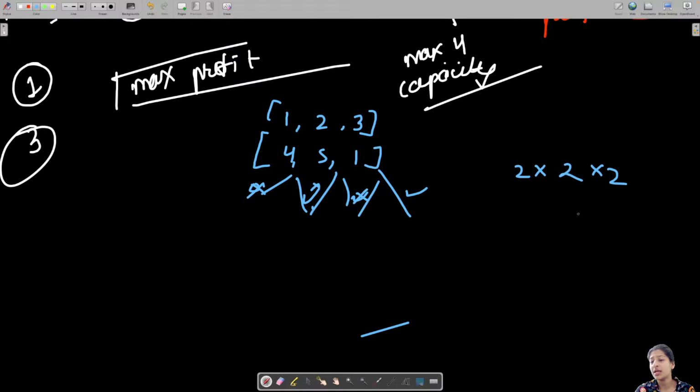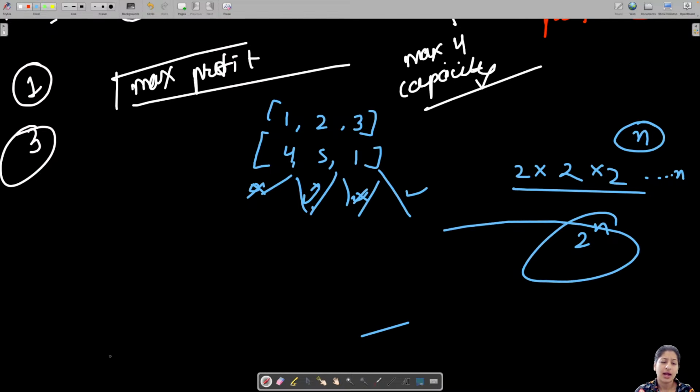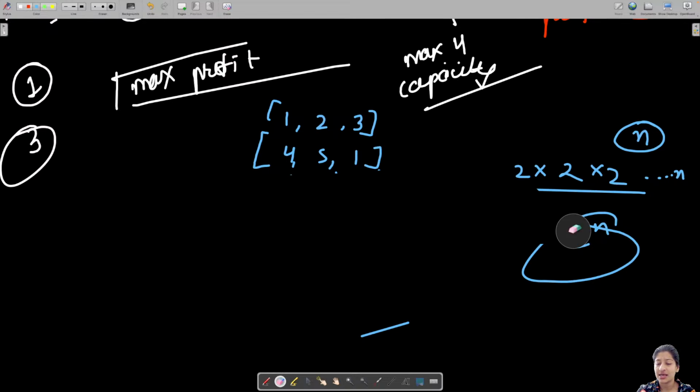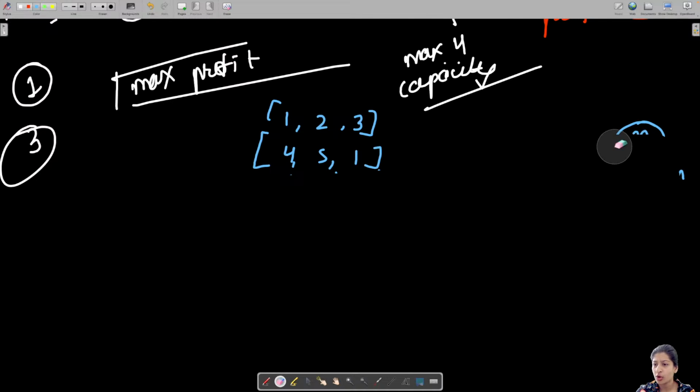This comes out to be 2 to the power of 3. Basically if you have n weights, it will be 2 into 2 into 2 till n times, so 2 to the power n will be the time complexity. And obviously when we go the DP way, our approach is to minimize this time complexity by reducing the overlapping subproblems which happen in recursion. Now let's quickly move to the tree so that you can understand.